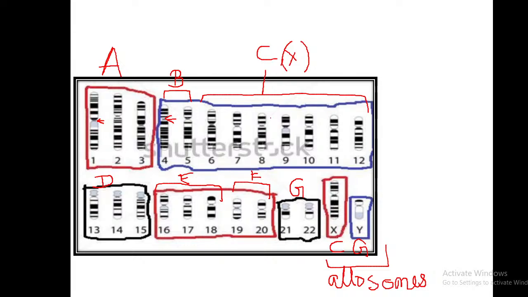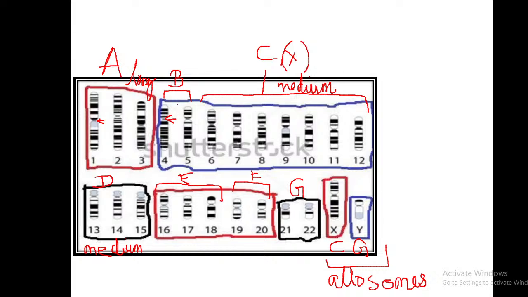Now, chromosome D are medium sized chromosomes. These chromosomes are also medium sized. A will be very long, or the longest chromosome.